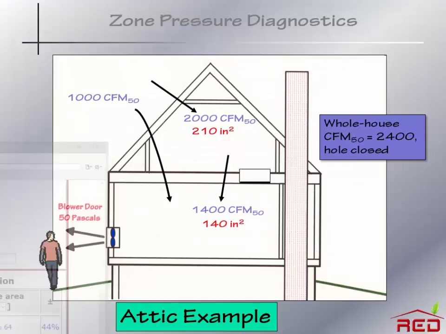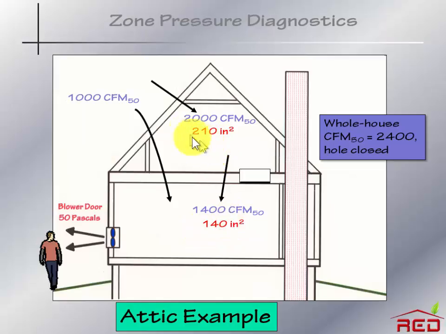Now these are represented on this illustration. You can see the zone to the house or house to zone either way. We have 1400 CFM50 flow rate and approximately 140 square inches.